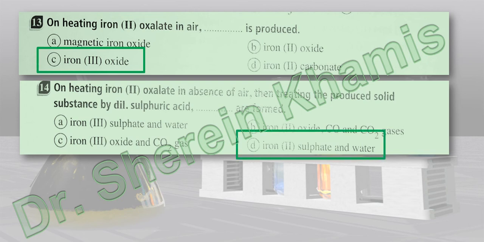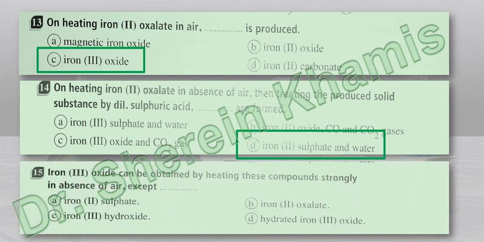We have iron 2 sulfate and water. Iron oxalate in the absence of air, when added to diluted sulfuric acid, will make iron 2 sulfate and water.